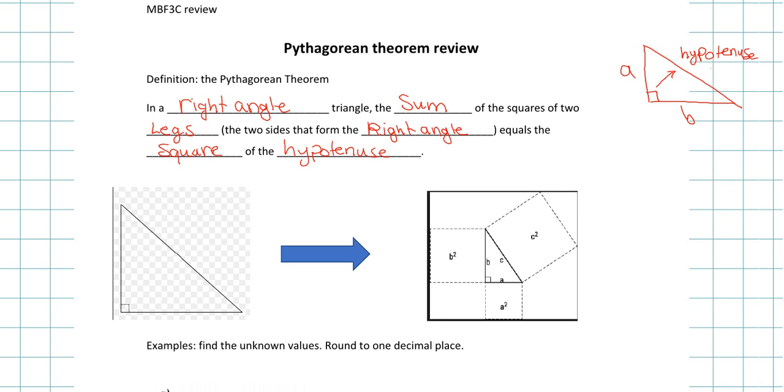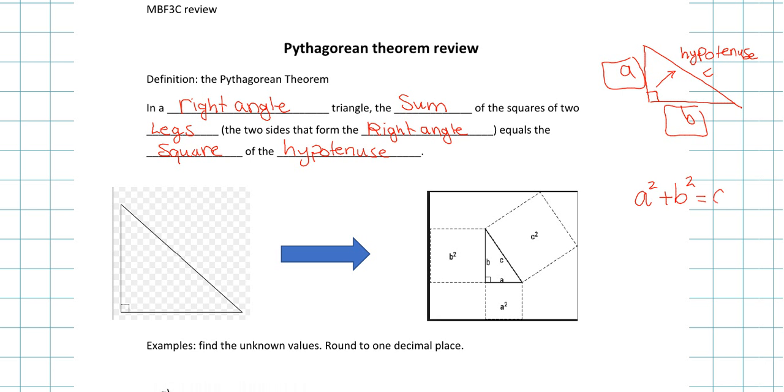So Pythagorean theorem says if I square this leg and I square this leg and I add them, it's going to equal the square of the hypotenuse. Okay? So this is where the formula a squared plus b squared equals c squared comes from.